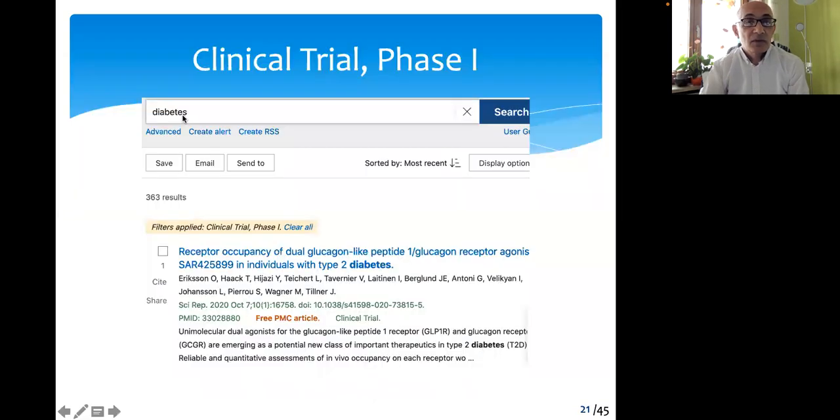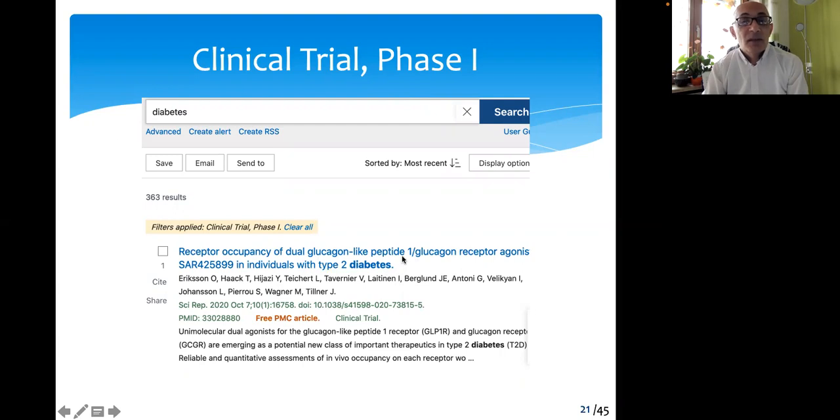studies, research. A phase 1 example now, a phase 1 study: receptor occupancy of dual glucagon-like peptide 1 / glucagon receptor agonists, then this number of the product in individuals with type 2 diabetes.